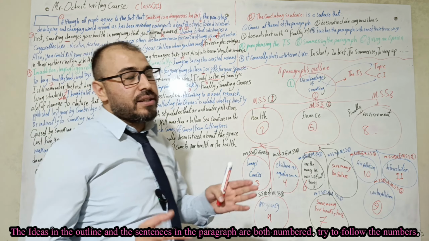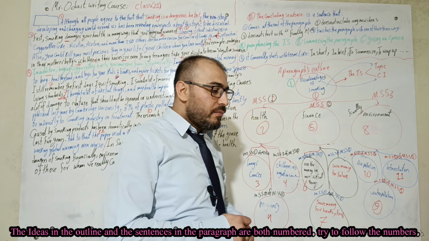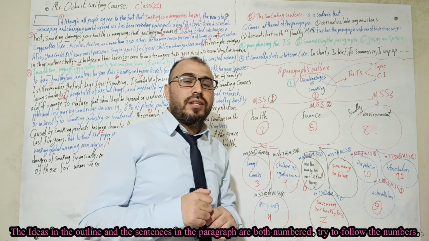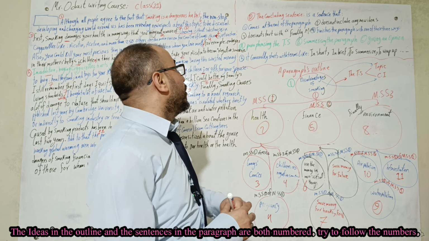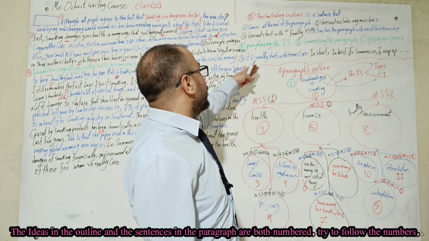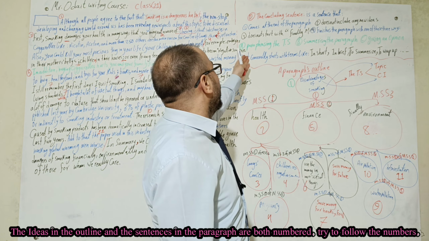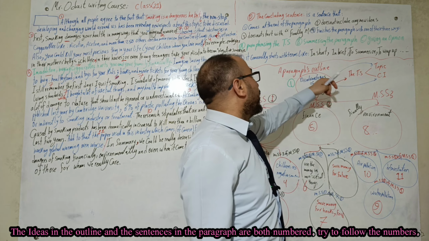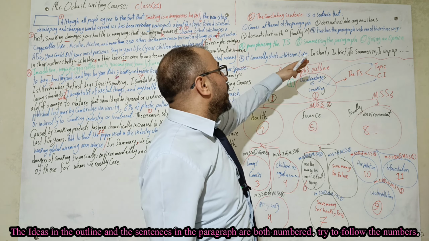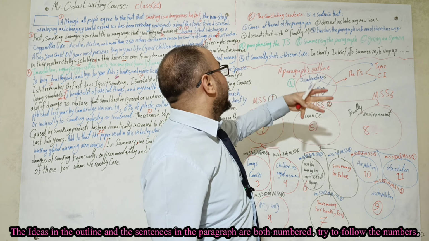As you see here, my friends, the last sentence was the concluding sentence, and here we use the summarizing way. As you know, we have 3 ways to go according to. The first one is to paraphrase, the second one is to summarize the paragraph, and the third one is to give an opinion.